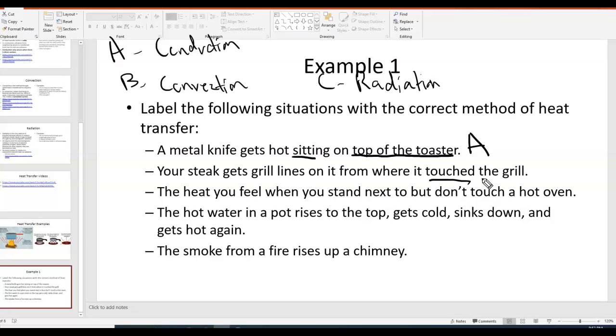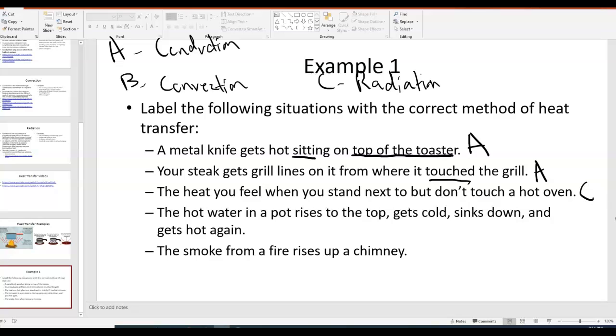Again, that is a context clue: direct contact, conduction. The heat you feel when you stand next to but don't touch a hot oven: if you're standing off to the side, not above the oven, then that would be heat transfer by radiation. So that would be C.